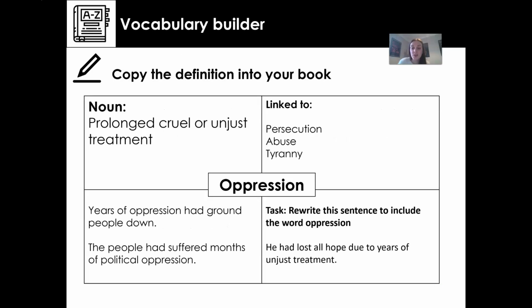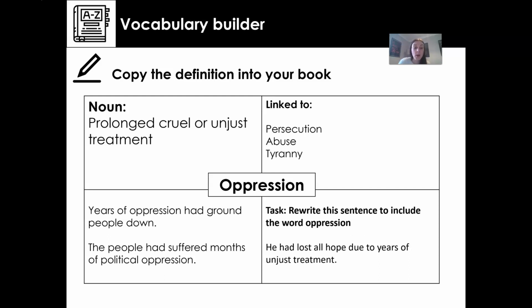So the first thing for us to do is to make sure we have recorded this key term. The word here is oppression. Now, you might have come across this before, you may already understand the word, or it might be entirely new to you. So we're going to go through a little process here of writing down, first of all, the word and its definition.